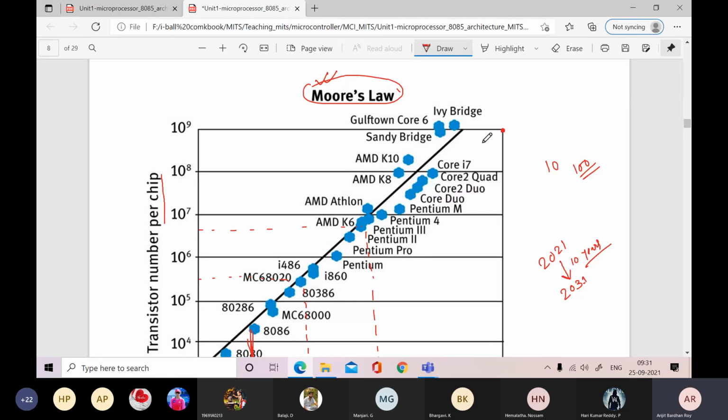Now you see that. Now you are using a microprocessor in your laptop that needs 10 to the power 9 transistors per chip, not in total. It is not the total for the chips used in your laptop, just one chip. In this one chip, 10 to the power 9 transistors are there.